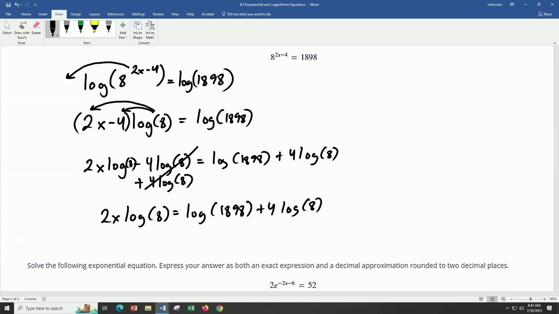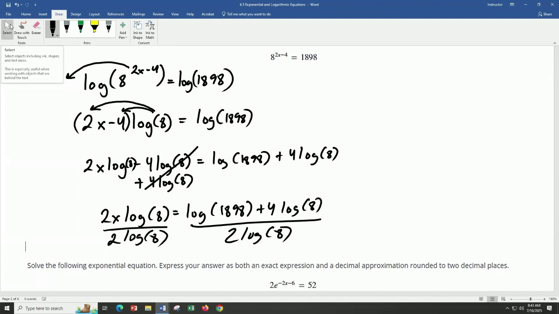Realize what you're seeing right now: 2 times x times log 8. To get rid of multiplication, to reduce it out, I divide everything else by the 2 log 8. Do this on this side, 2 log 8.